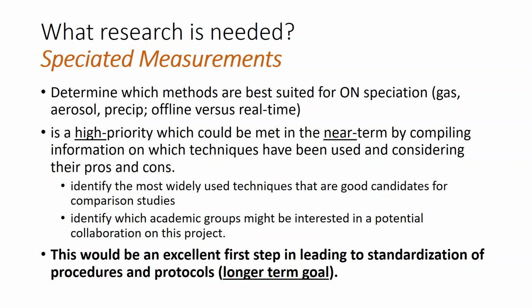And also this would help us identify which academic groups might be interested in collaboration. And so to really standardize these organic nitrogen measurements, particularly for the speciation in aerosol and precipitation, is important going forward so that we can have a data set that we can compare across studies and sites.